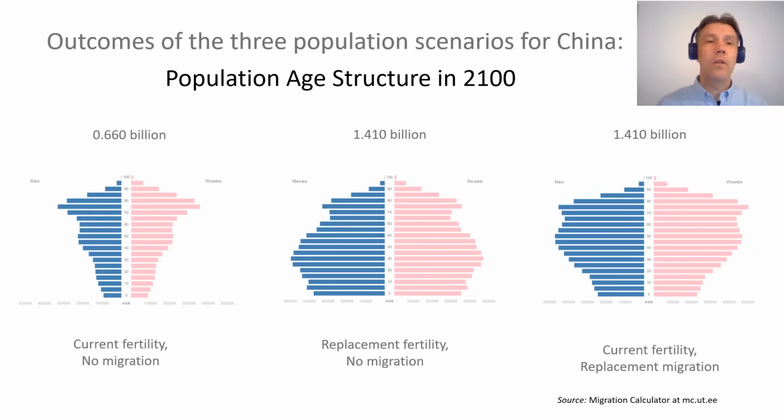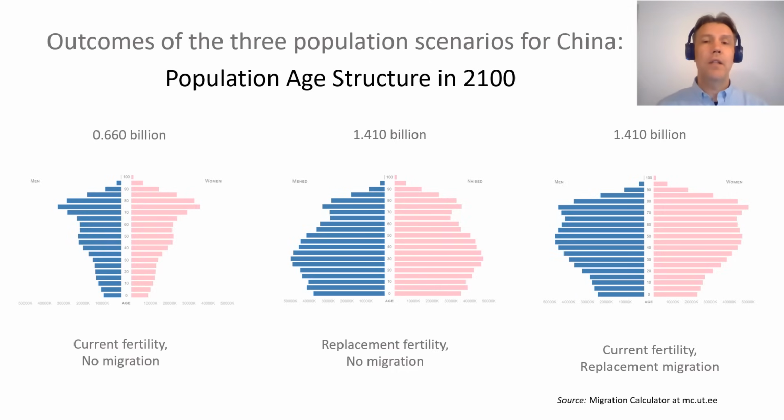What's also interesting is that all three scenarios lead to very different age structures of China: when the current fertility persists and there is no migration, when fertility rises to levels that keep the population stable, and when fertility remains stable but migration helps to keep the population stable. In the first scenario, if current fertility persists and there is no migration, we see very rapid aging and the number of children is decreasing very rapidly.